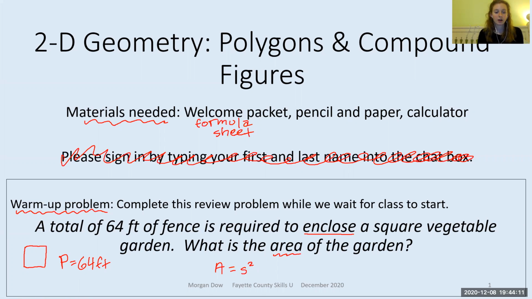Well, we take our total length around the outside and we divide it by our four equal sides. That tells us each side is 16 feet. So the length of one side is 16 feet. And now we're ready to calculate area. So it's going to be 16 feet times 16 feet, which is 256 square feet.